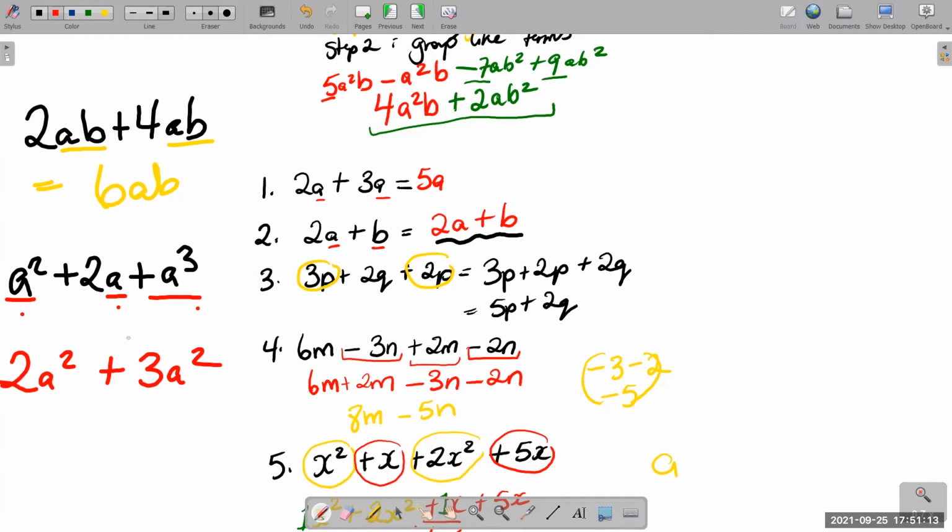Everybody needs to answer. Very good. Because look at the variable. Remember, you got to pay attention to the variable and the power. The powers must be the same. So A square, so I can add. So what would be my answer, everybody? Let's go. What would be the answer?